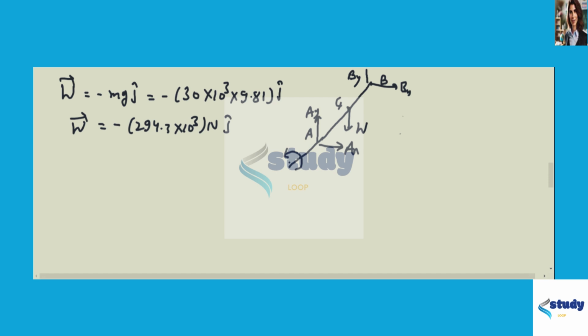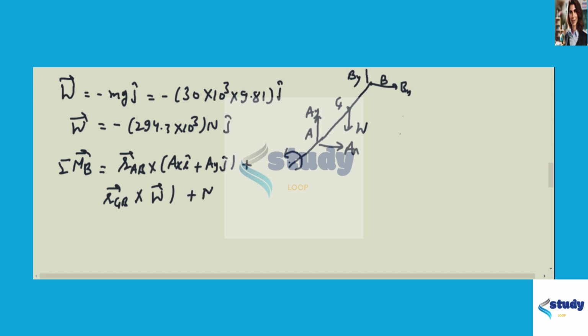Now we write the equation of moment about the point. The couple will be RAB vector cross AX I cap plus AY j cap, plus RGB vector cross W, plus M2 K cap, is equal to the rate of change of angular momentum about the centroid.